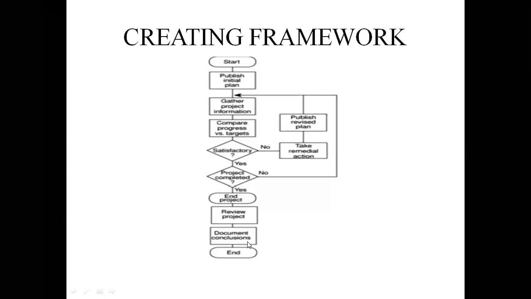So it also illustrates the important steps that must be taken after completion of the project, so that the experience gained in any one project can feed into the planning stages of future projects. So it allows us to learn from past mistakes.